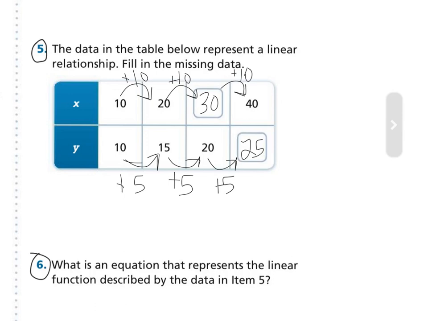Because if, instead of adding 10 here, we would have added 20, then we would have had to add more to our y value. But they actually did the same thing every time. Up 5 over 10, up 5 over 10, up 5 over 10 to make that linear. How could we check those points to make sure that we did that correctly?